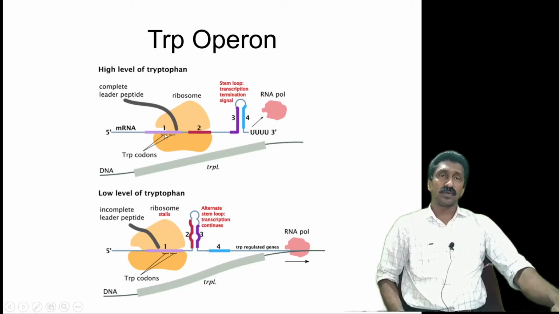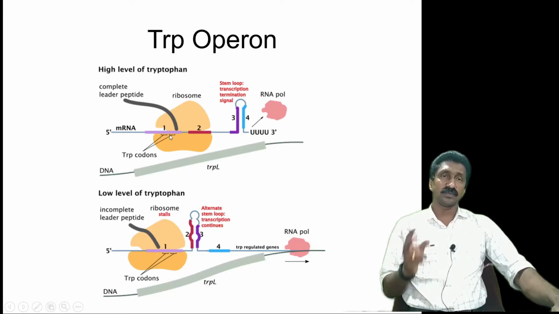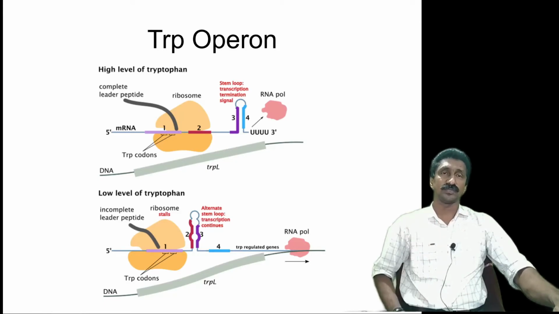These are the trp codons demanding the incorporation of two tryptophans into the new peptide. So here we have the two trp codons present in the mRNA, which demand the incorporation of two tryptophan molecules.